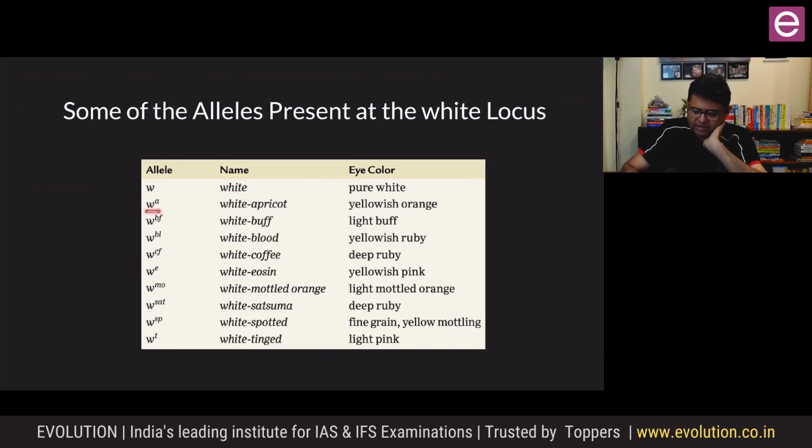Then Wa, that is called white apricot, so the eye color is yellowish orange. White buff, that is light buff color. Then white blood, that is yellowish ruby color. White coffee, that is deep ruby color. You pick your favorite color. 5 of them should be mentioned.